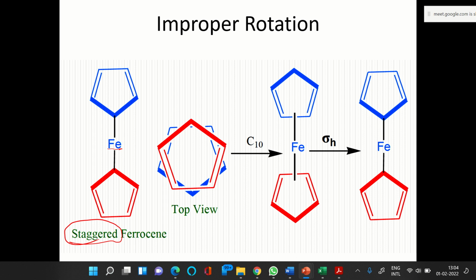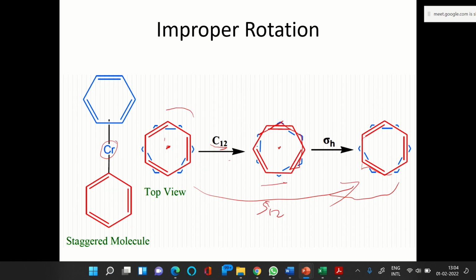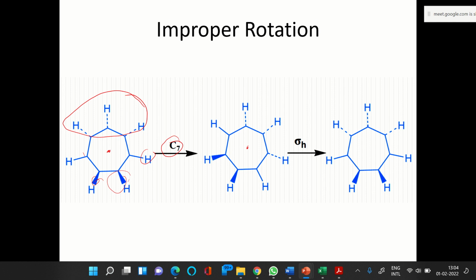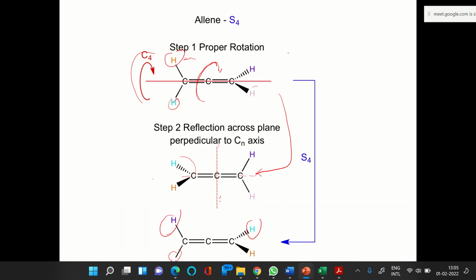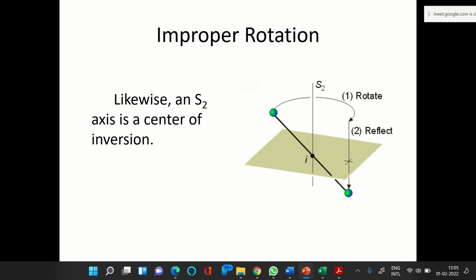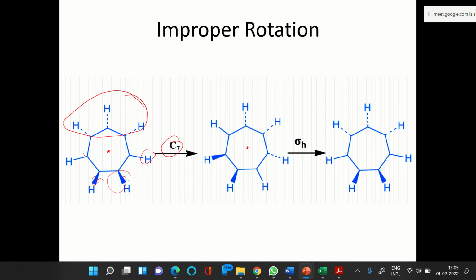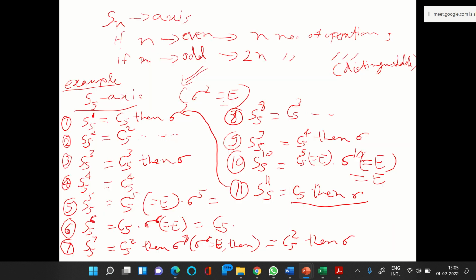In many of the molecules where a staggered conformation is possible, that conformation leads to this. But in other cases where it is a single molecule, like CH4 also, you have the improper axis, staggered.